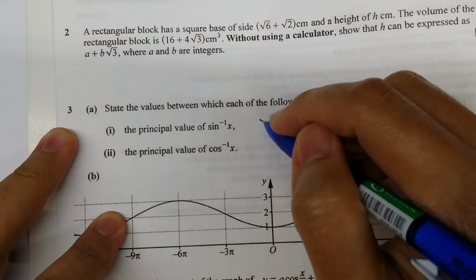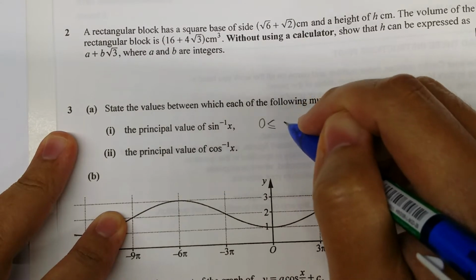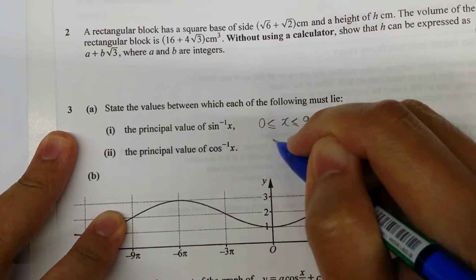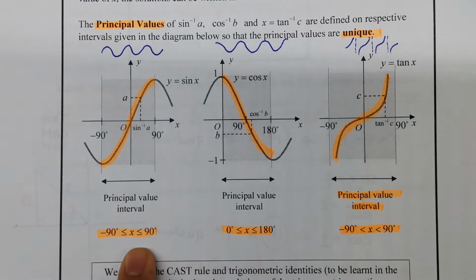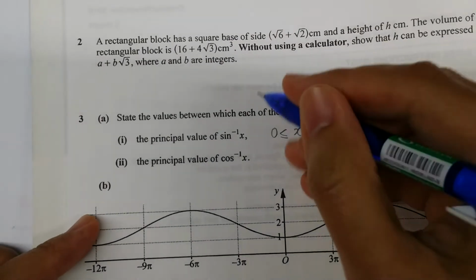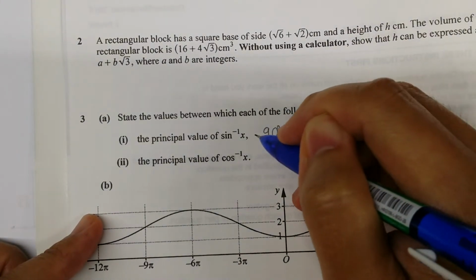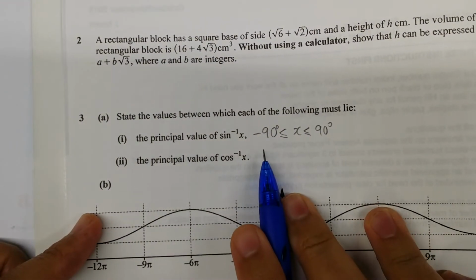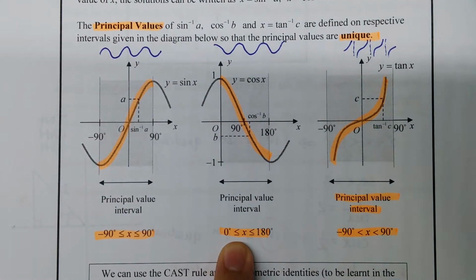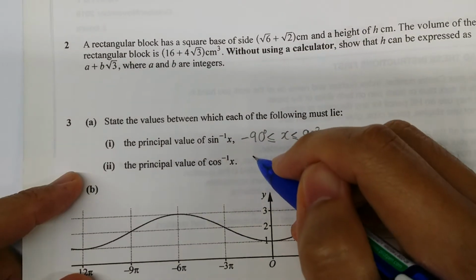Alright, so you just say 0 to 90 for the first one. Sorry, I made a mistake. Negative 90 degrees to 90 degrees, and 0 to 180 degrees.